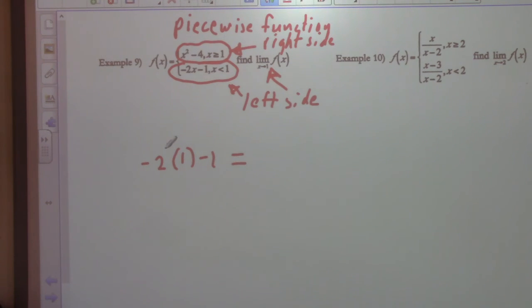And our right side limit is going to be 1 squared minus 4. So what is our left side limit? Negative 3. And what's our right side limit? Negative 3. So what is our answer here?